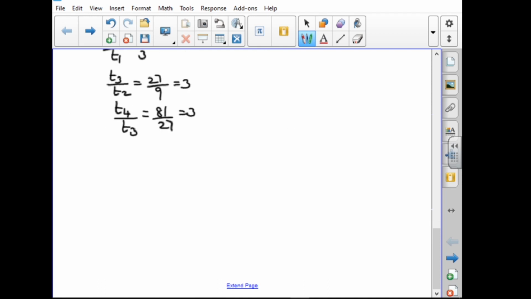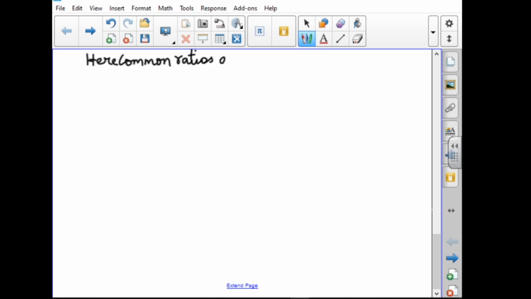Here the common ratios are equal. Therefore, the given sequence is a GP.